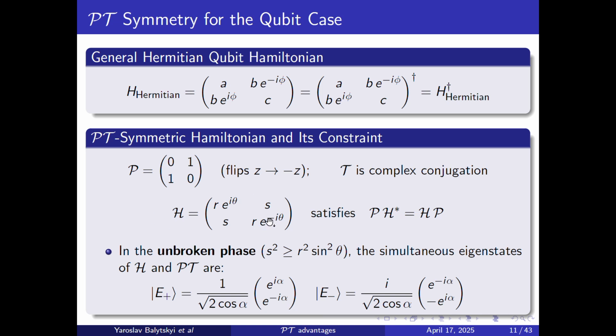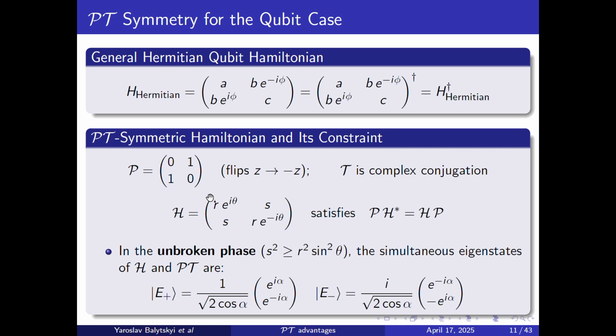PT-symmetry is a condition. Hermiticity is a condition only on the Hamiltonian. So basically, if the Hamiltonian is Hermitian, then eigenvalues are real. But PT-symmetry is a condition on both the Hamiltonian and also the eigenfunctions.